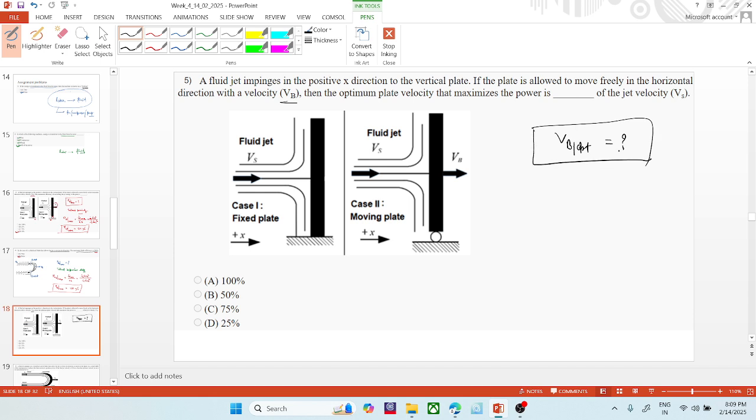This thing we have already seen for the flat plate. There is no meaning in solving the same things again and again. So we have seen that V optimum is equal to Vs by 2.